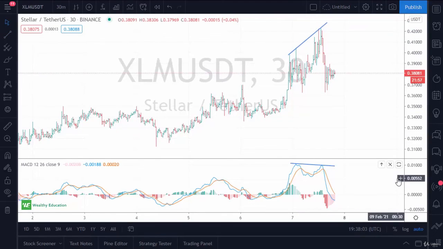This is negative divergence. And what this means is, when an oscillator, this is part of a family of indicators called oscillators, fails to make a higher high while price does, that means that it's diverging from the price, and that means we may be running out of momentum. So in theory, that is a sell signal, and it did work, at least so far. We broke the zero line, so we'll see what happens to the seller next.